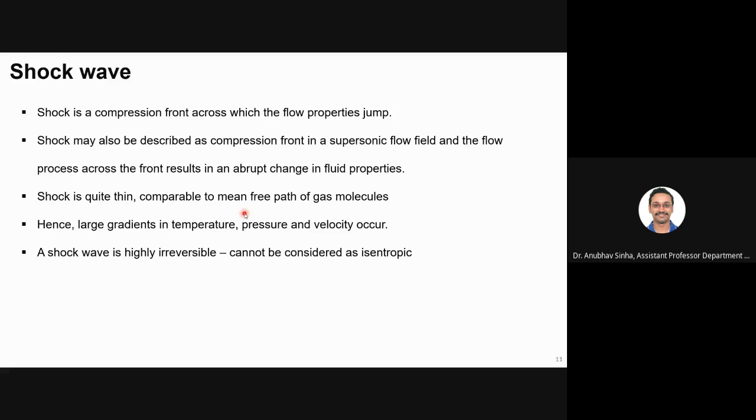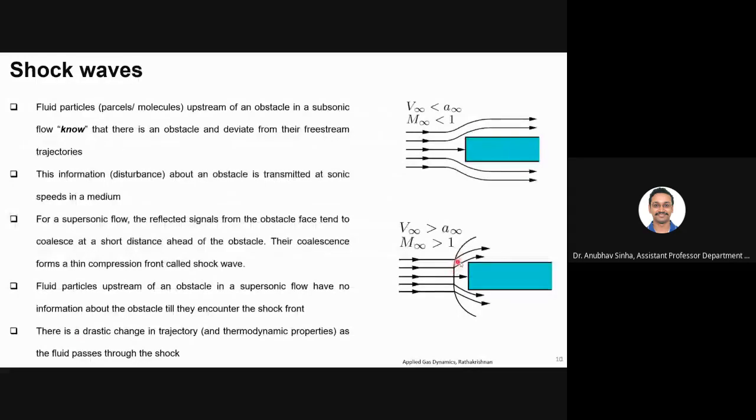And because of that, you see pressure upstream is very high, and suddenly after the shock, pressure or velocity, things change. So velocity changes from, let us say, supersonic to subsonic. So there is a large change, and you imagine this thickness is in microns.